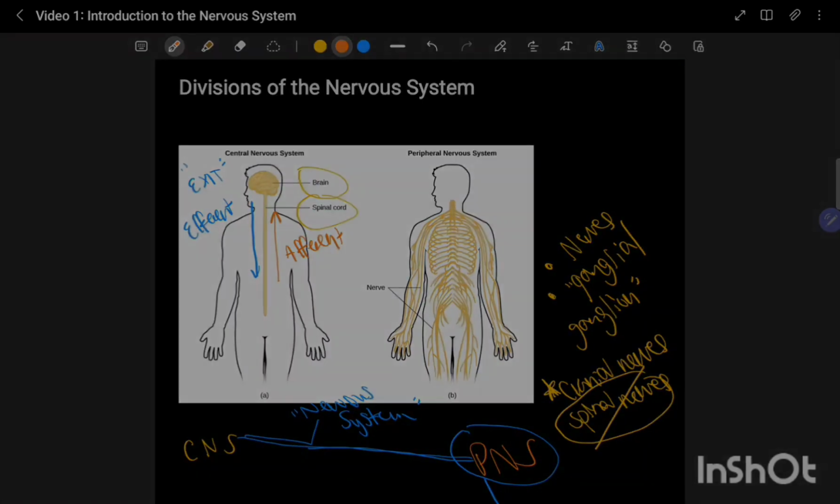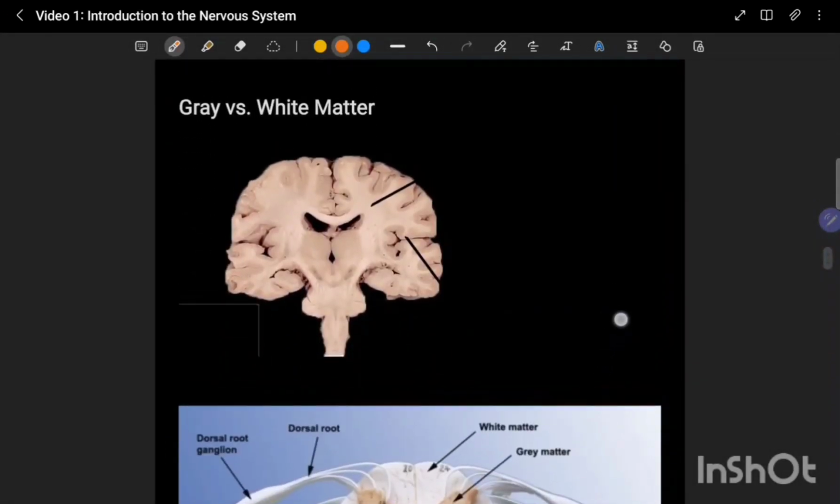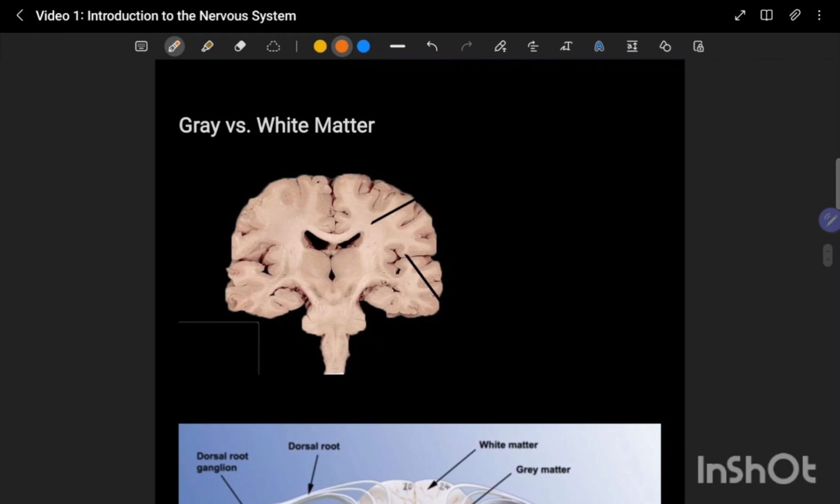spinal cord. Okay, lastly, I want to talk about gray versus white matter. So this is a topic that will pop up over and over again when we are looking at the CNS between the brain and the spinal cord. So in the brain, I have to be very clear here, when we're talking about the brain, our gray matter is going to be the external part, and the white matter is going to be more internal.